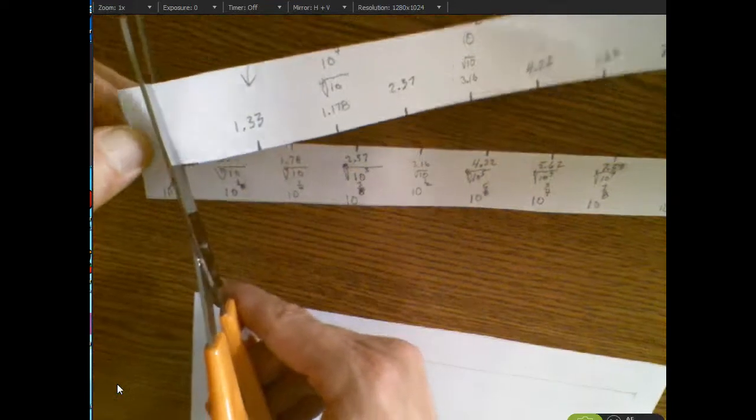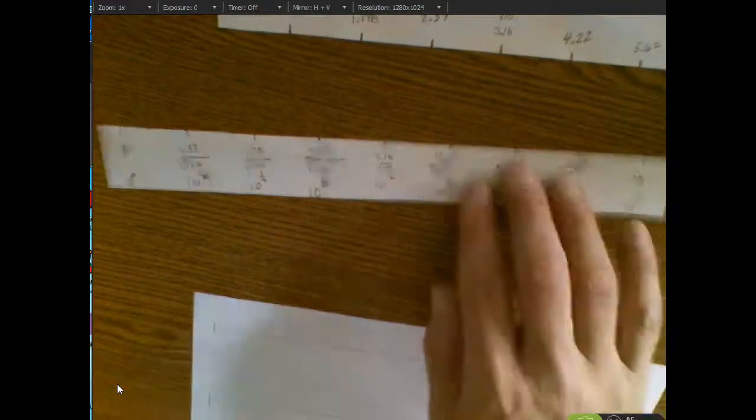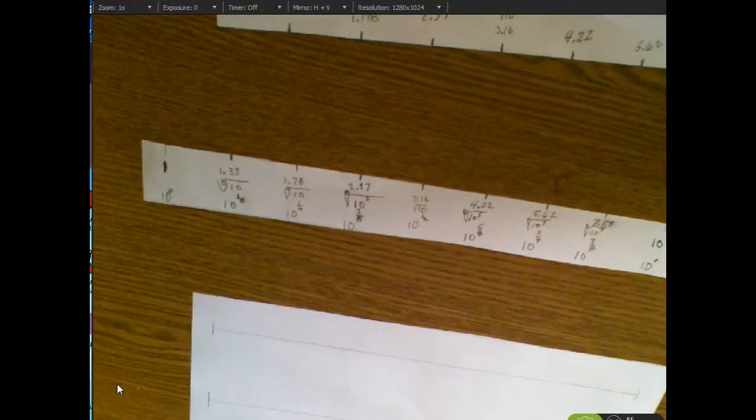Here's what I want you to do. Take your scissors and start out cutting the left side. Remember, I'm on the top one, so your numbers are on the top. I'm going to cut the paper at the number where it was 1. So I cut it on the left edge, right where the number 1 was. So your top scale, where the number was on the left, you're cutting it vertically right there.